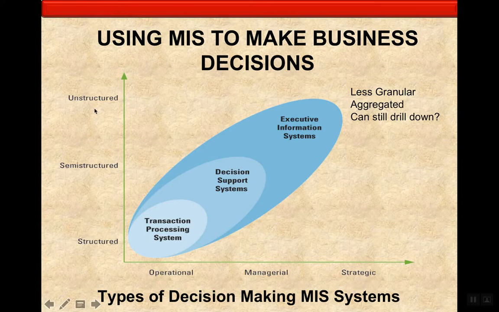And then we look at the unstructured strategic level, executive information systems. As we move farther up, the question becomes one of success or failure: are things going as we expect or not? The analyzed information at the decision support level can be translated into a visualization form, developing a picture of what's happening so an executive can look at it.